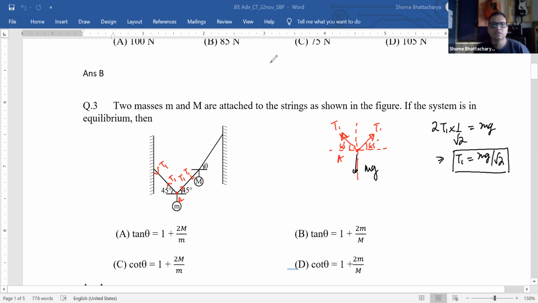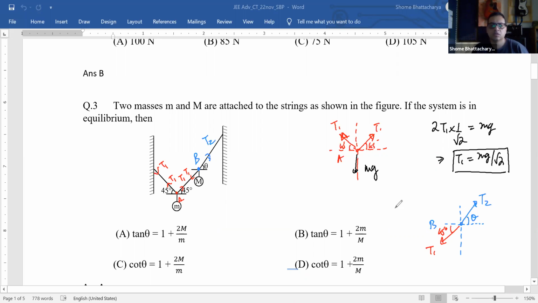Now next we will look at the free body diagram of this point, say B, and there is this tension, let's say T2 acting on it. So for that point B, there is this unknown tension acting at this angle theta here, whereas this same tension T1 which we just calculated is acting at 45 degrees like this.